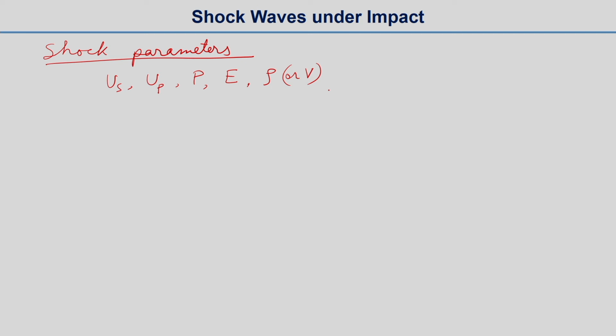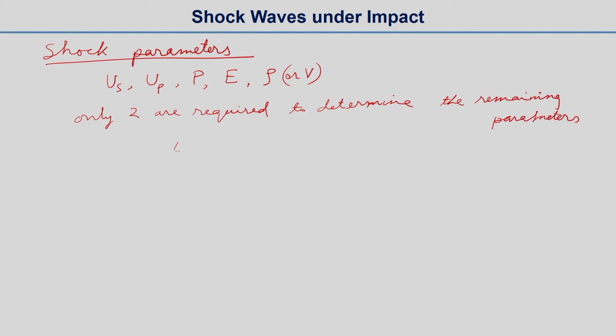So we have these 5 parameters, and if we know only 2 of these parameters, they are enough to find the remaining parameters, provided we have the UOS parameters known.